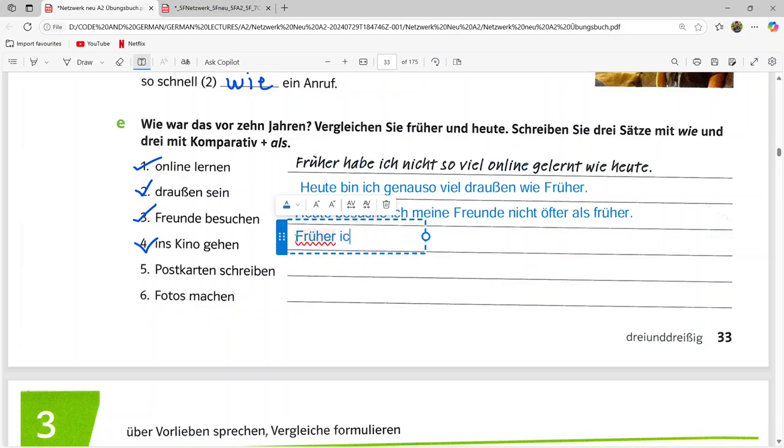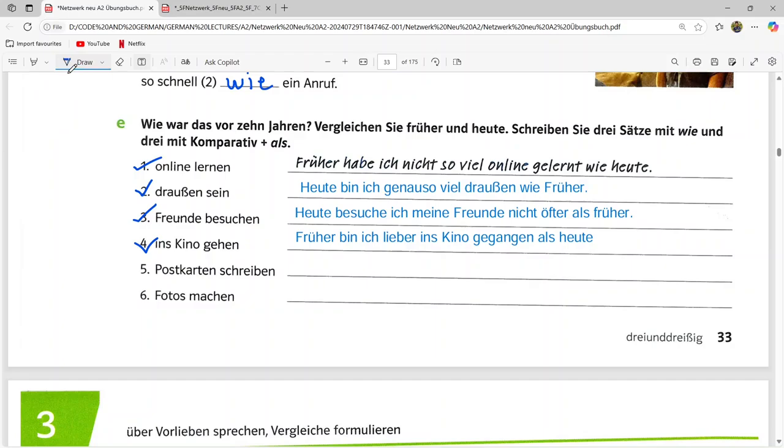So früher bin ich lieber ins Kino gegangen als heute. So before I loved to go to the cinema more than now.